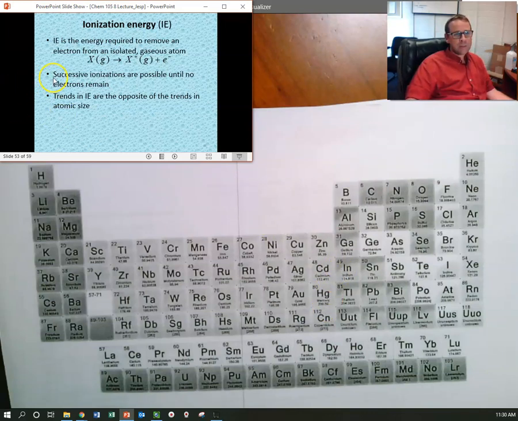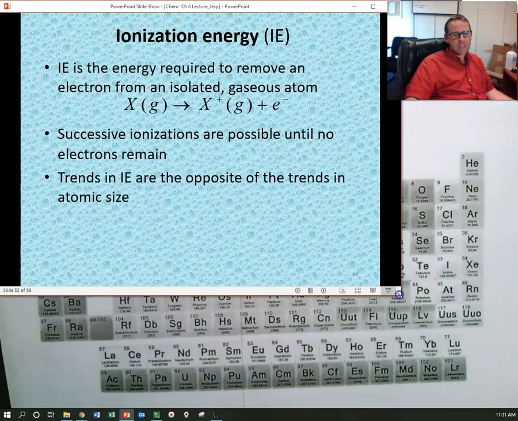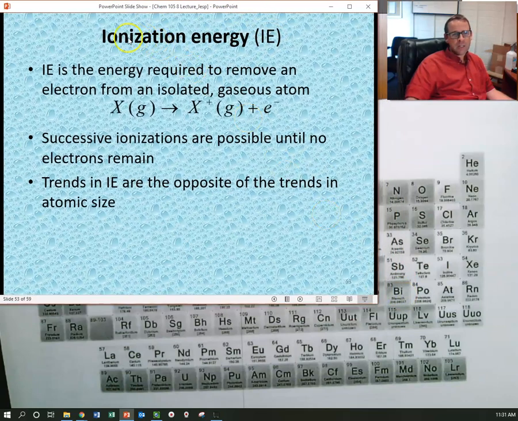Also, what we have are called successive ionization energies. Now, I should have a little bit of a conversation about this term ionization energy. This is a poor term in my opinion, because if you're talking about the energy associated with creating an ion, you could be creating an anion and then giving an electron.